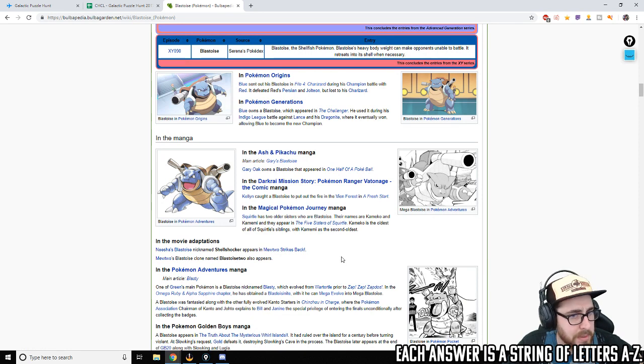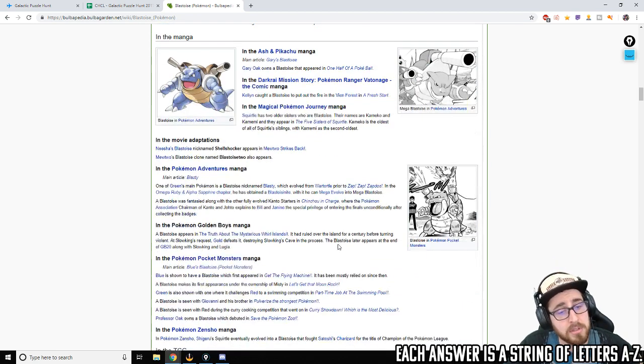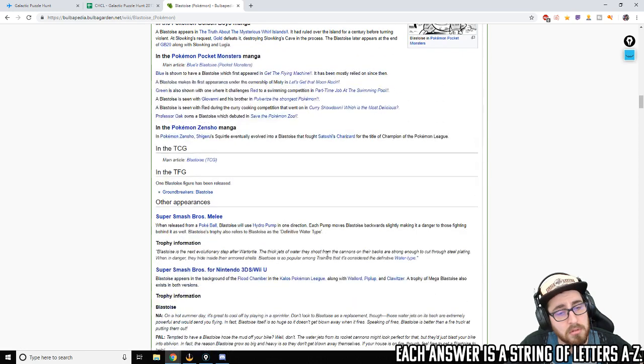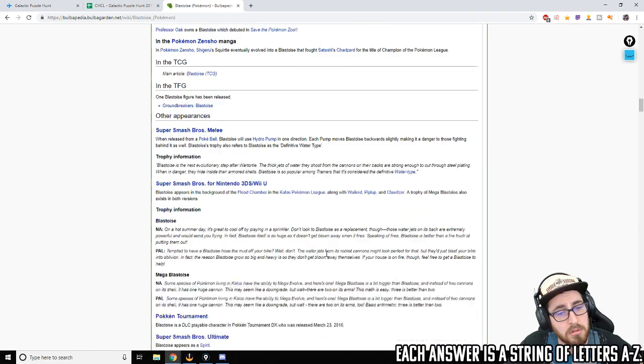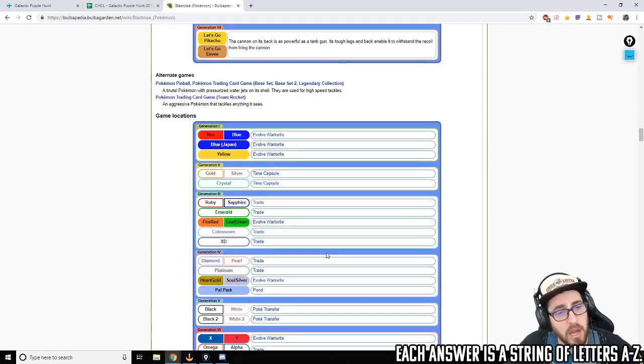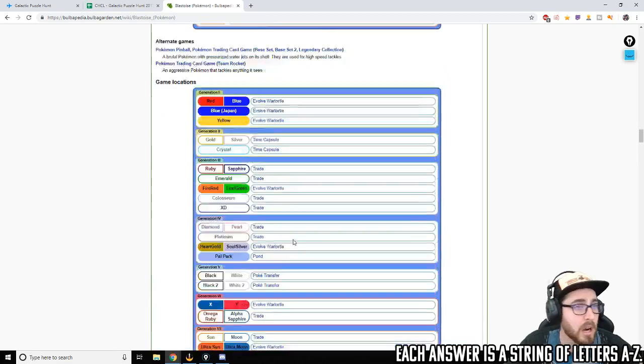What would Blastoise? Blastoise is the third of an evolution. Are we doing things with evolutions? I don't think any of this is all going to be garbage.